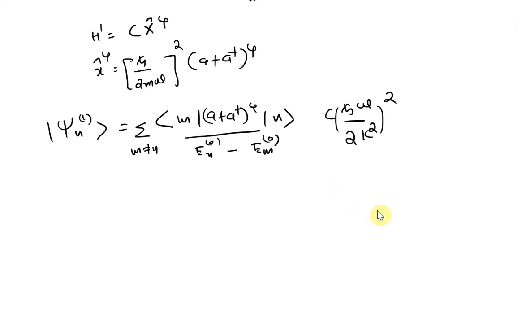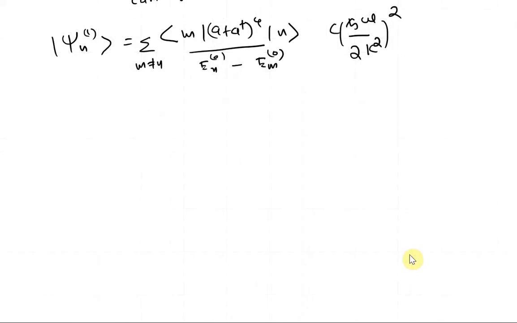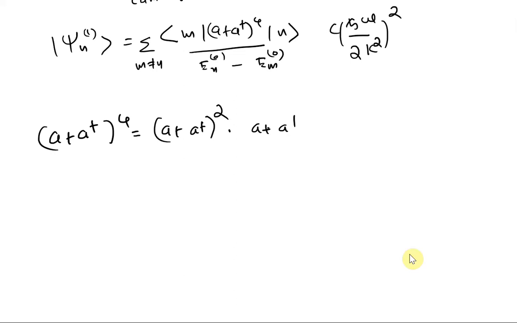To identify that, we have to understand what sort of change for the state this operator is causing. So to understand that, let me put this equation here and just expand this expression of (a plus a dagger) whole power 4. As before, we will write something which we know, that is (a plus a dagger) whole square into the same term, (a plus a dagger) whole square.